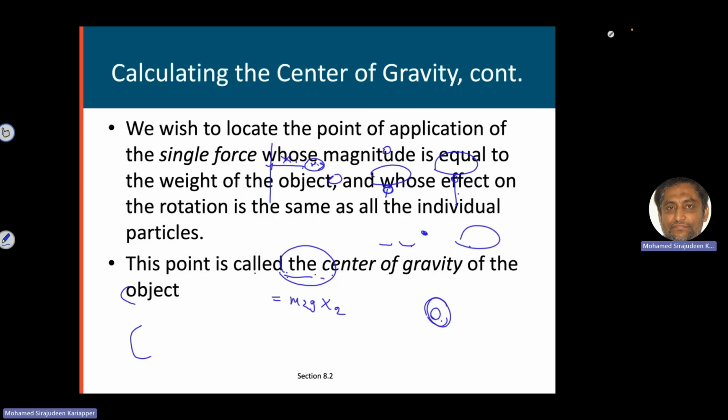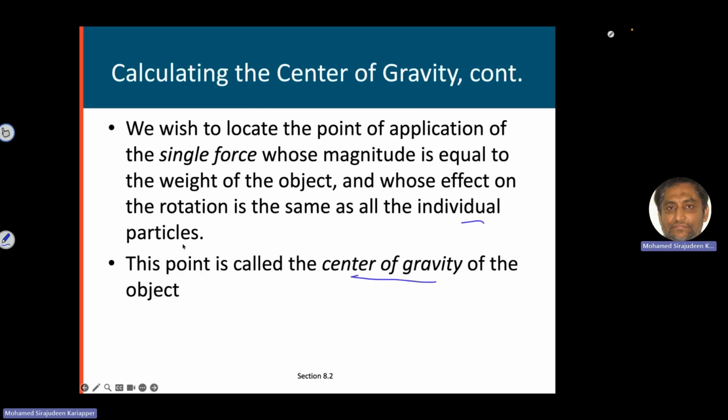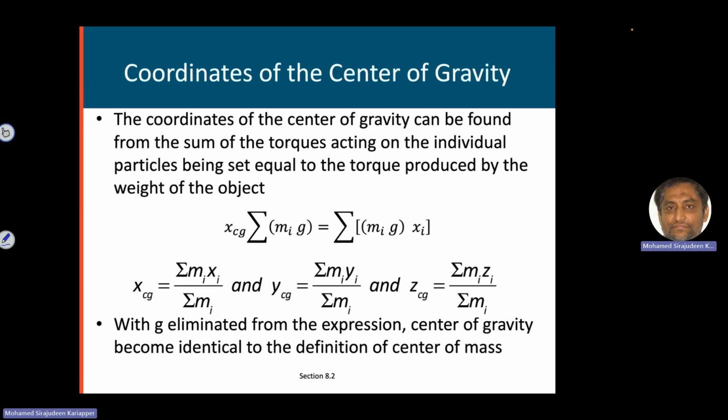We wish to locate the point of application of a single force, so properly worded here, whose magnitude is equal to the weight of the object and whose effect on the rotation is the same as all the individual particles. This particular point is called the center of gravity of the object. So mathematically, we can write it like this.